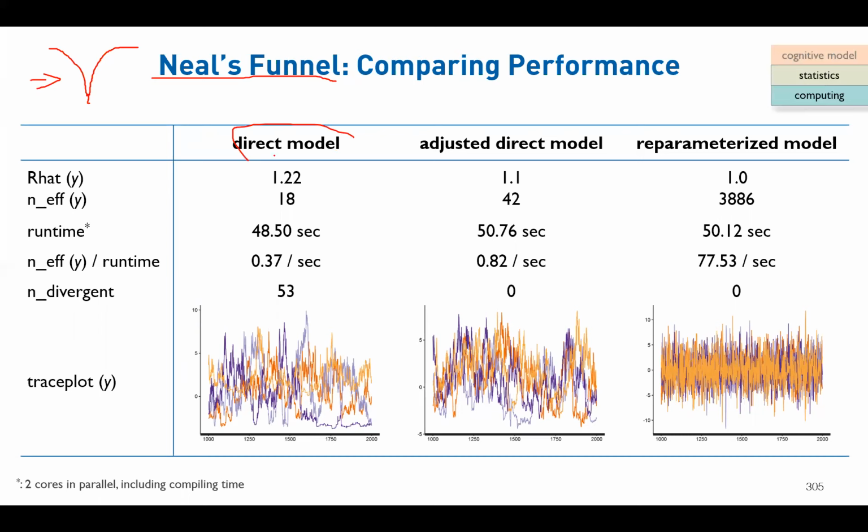So this is direct, the other one is reparameterized. And if you recall, there's a metric that we always look at after the fitting, the R-hat parameter. If this is above 1.1, that is an indication that the model doesn't converge very well. We want to look for something close to 1, okay?